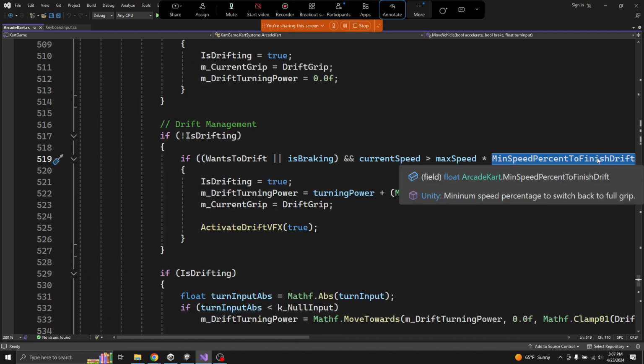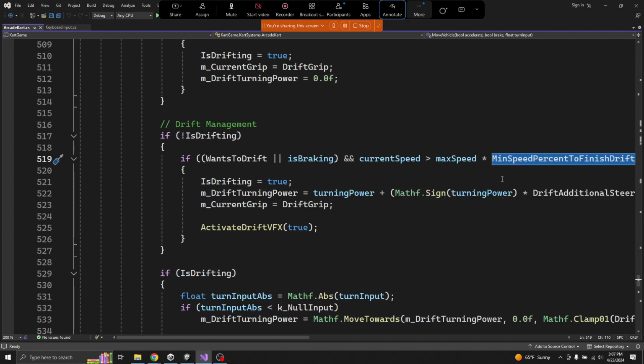I think all these variables that say finish drift, he meant to say starting drift, because they just seem to be dealing with starting drift. Anyway, if we don't have to be drifting, but these situations happen, then we can enter into a drift as well.